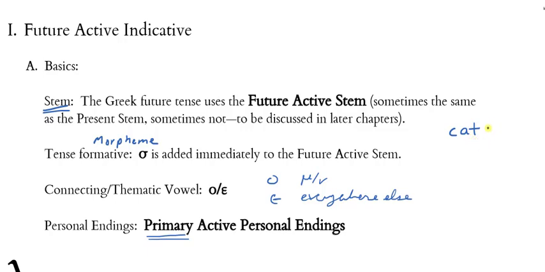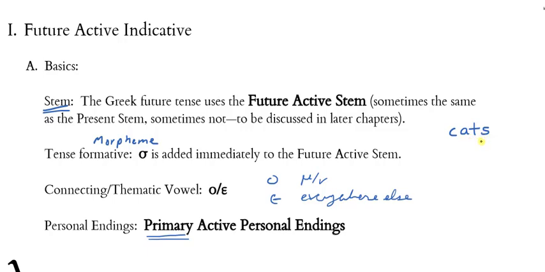And then if I add an S to the word cat, I actually now have two parts of that word that have some meaning. Cat, and the S is a grammatical morpheme. Cat is a lexical morpheme. What does the S on cat tell me? That there's more than one of them, okay?